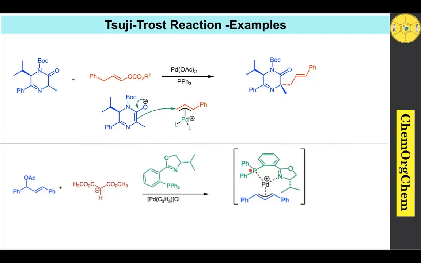Here you can see that this phosphorus is an electron-rich phosphorus, so that could affect the electronic nature of this pi-allyl fragment, particularly in the trans position. This particular carbon's electronics is affected by this phosphorus atom, while this other carbon's electronics is affected by the nitrogen atom. Therefore, the electronic nature of these two carbons is not the same at all.